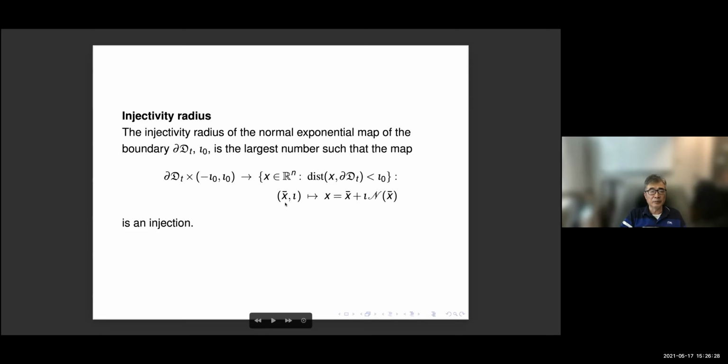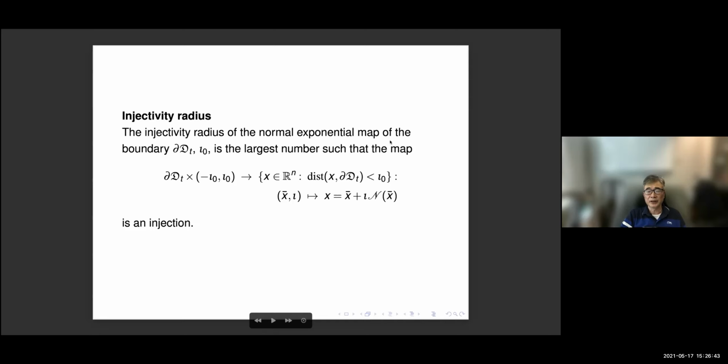Another important geometric quantity on the boundary is the injectivity radius of the normal exponential map. It is denoted by iota 0.